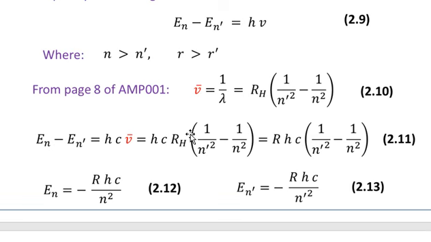And nu bar from equation number 2.10 is substituted over here. Then you have hc multiplied by the Rydberg constant RH, multiplied by 1 over n prime square minus 1 over n square.